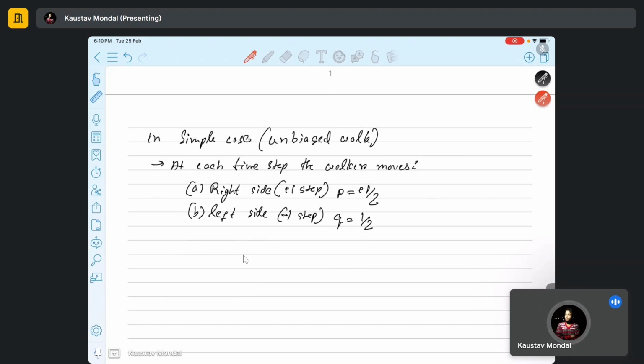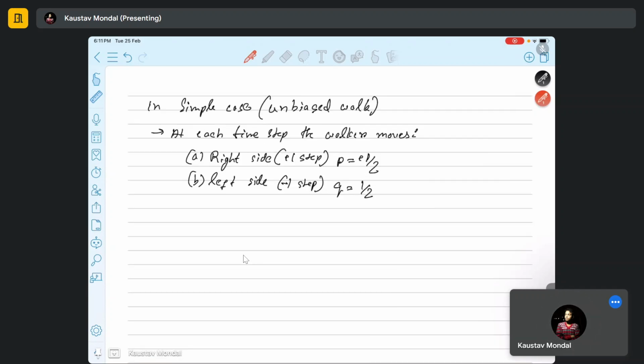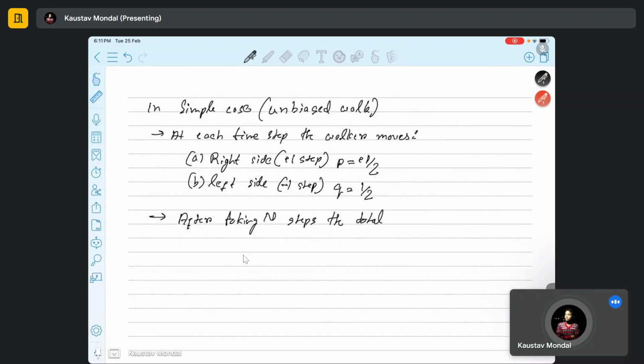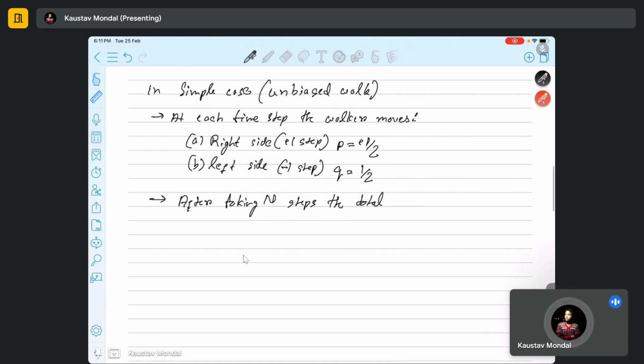Now, after taking n steps, let's suppose each step you move one step, so the total amount of displacement in that case will be xn.